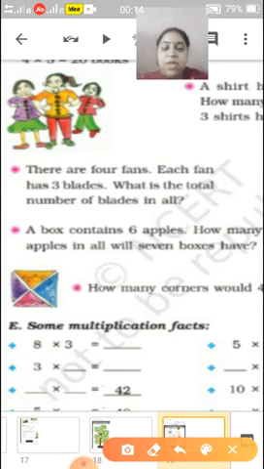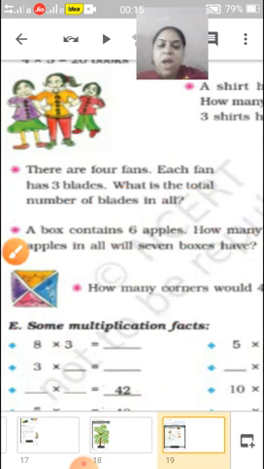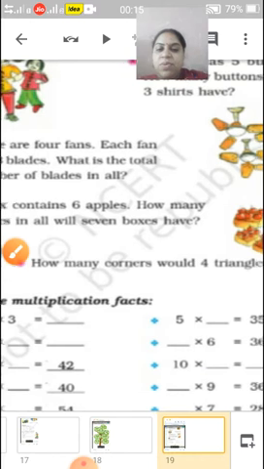So children, that means 4 times of 3, that is 12 blades, or we can write this as 4 plus 4 plus 4 is equal to the same 12 blades. Okay, I hope this is clear to you.